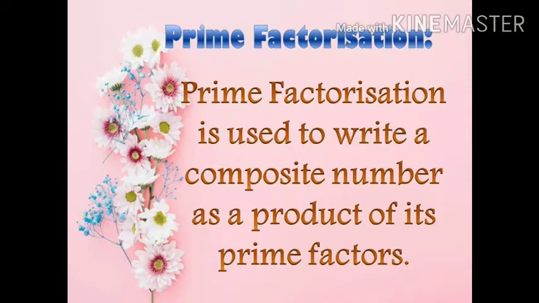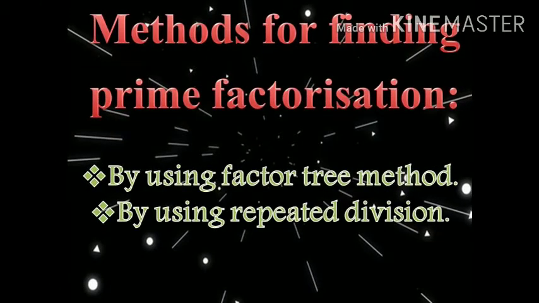What do you mean by prime factorization? Prime factorization is used to write a composite number as a product of its prime factors. There are methods for finding the prime factorization. What are the methods?